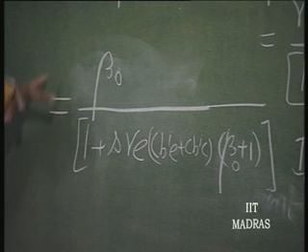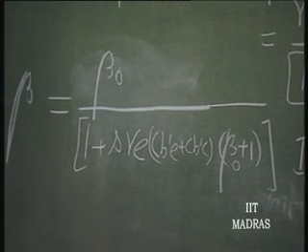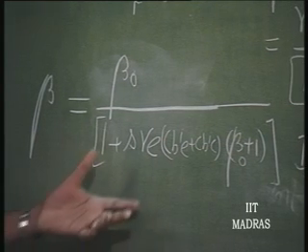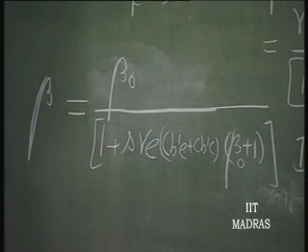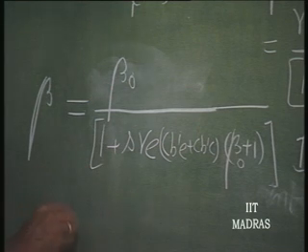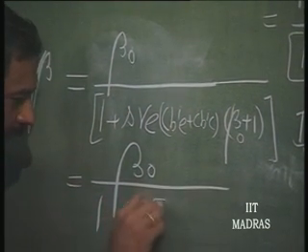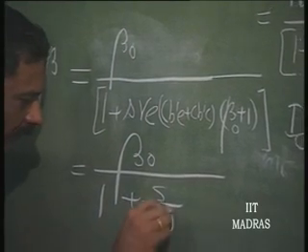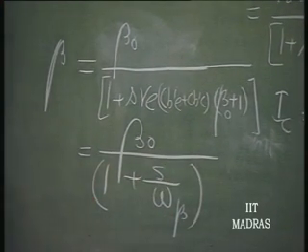So, you will see that beta at low frequency falls off at 20 decibels per decade. This can be written therefore as beta naught by 1 plus S divided by omega beta. Omega beta is called the cutoff frequency.